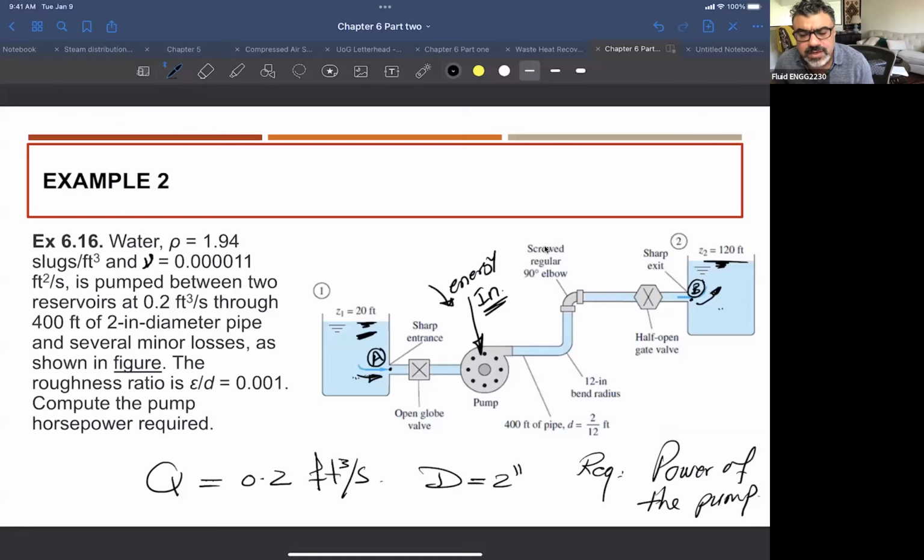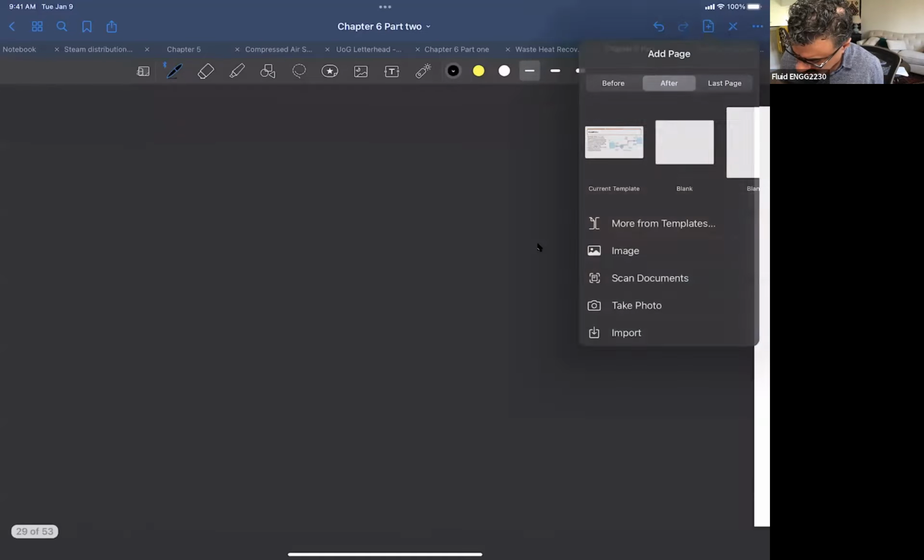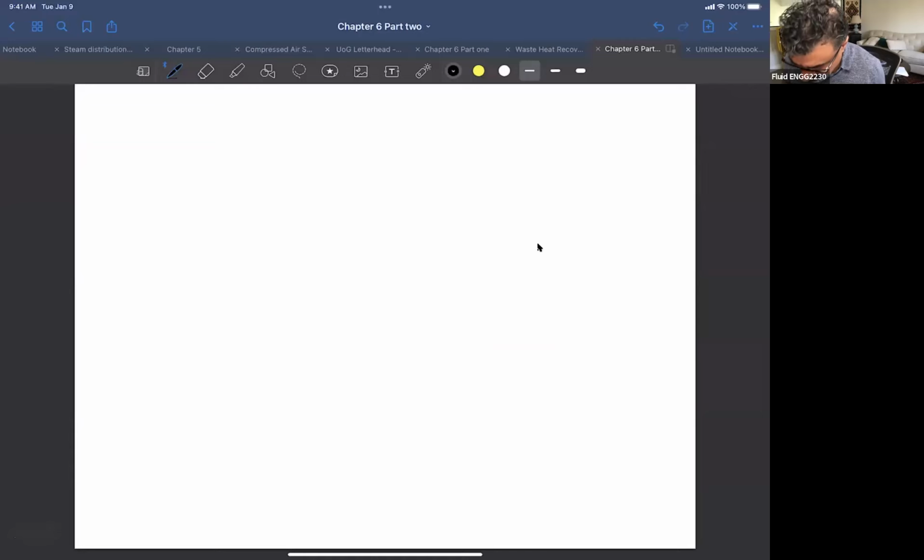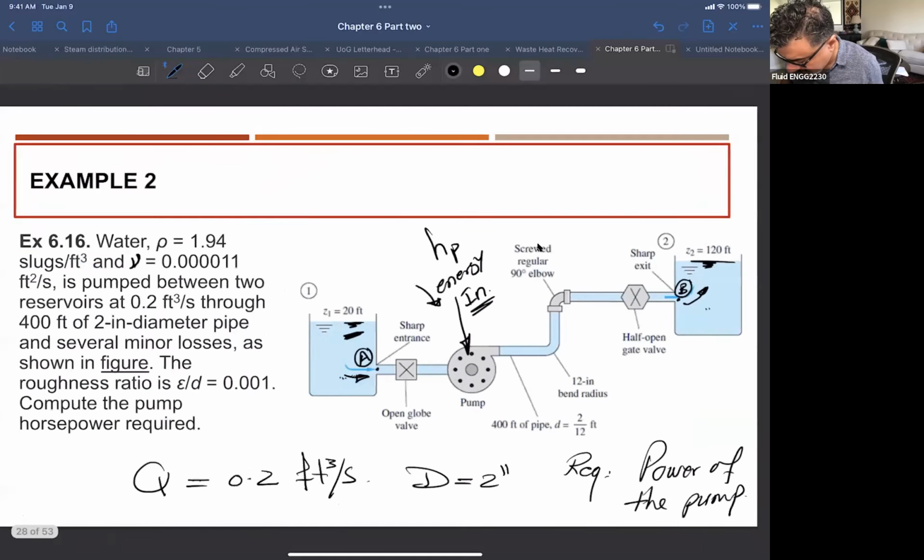If the energy is all represented by head, we're going to add H pump here, the head of the pump added to the system, added to the energy at point A in order to drive the flow from A to B. Okay, so now if I look, for example, here at the solution, so I know that PA over gamma plus ZA plus VA squared over 2g. This is all the heads, right?